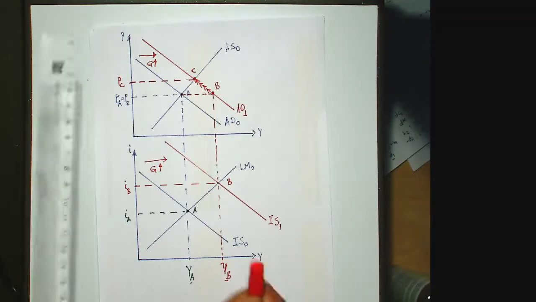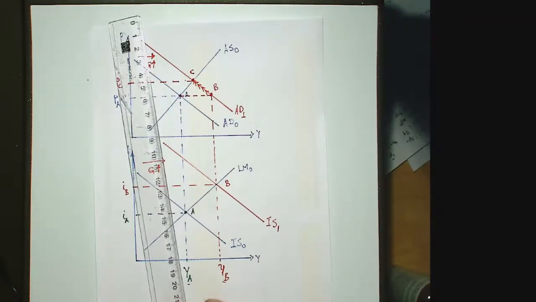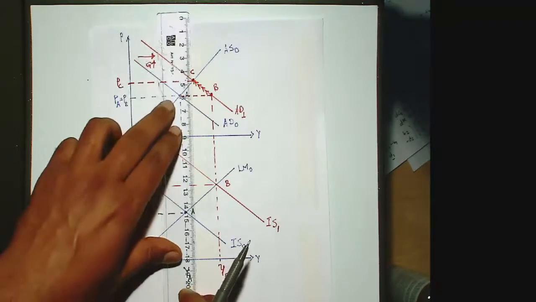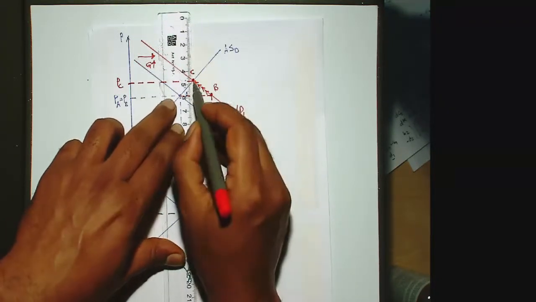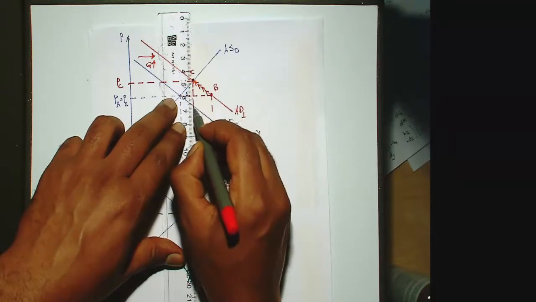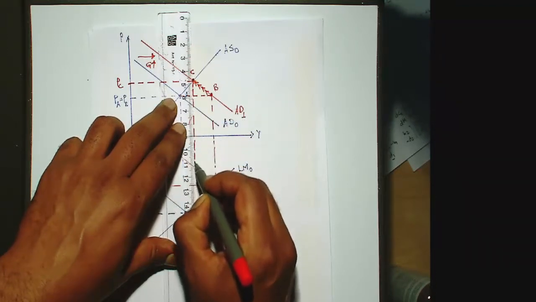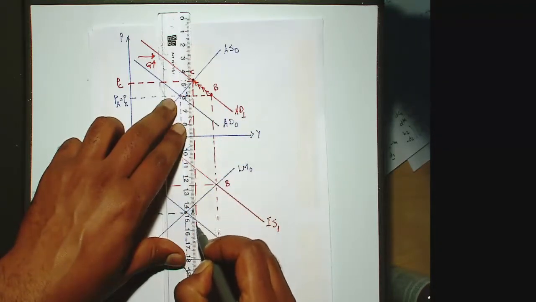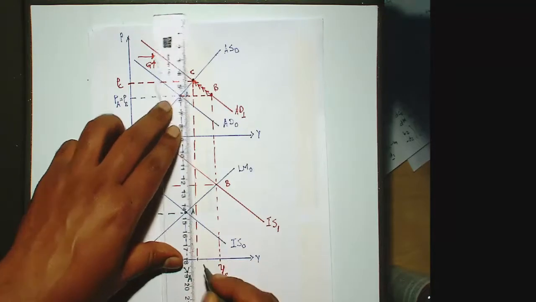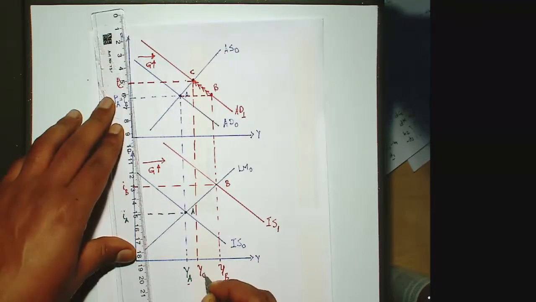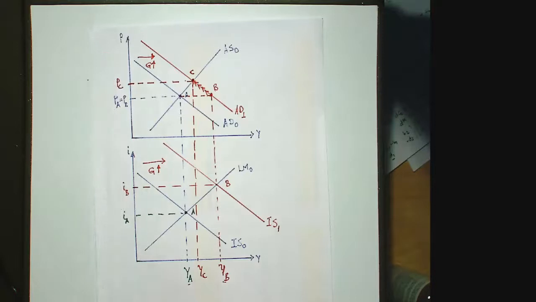At point C we have a new equilibrium with a price level of PC and an income level of YC. The reduction in income from YB to YC should be represented as the interest rate crowding out of investment.